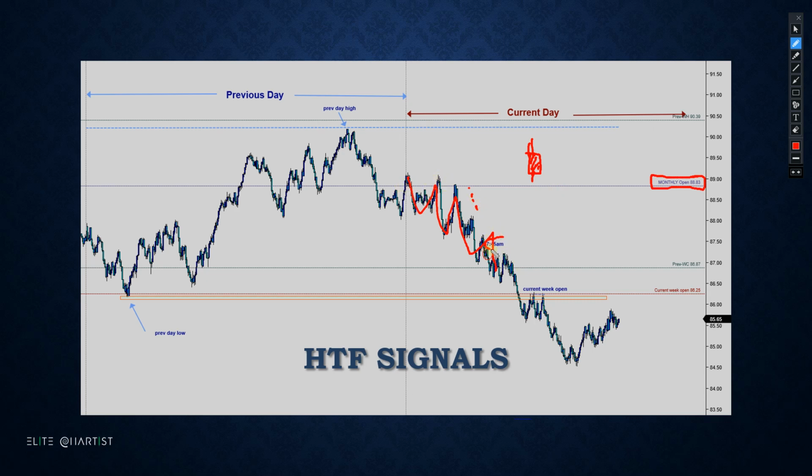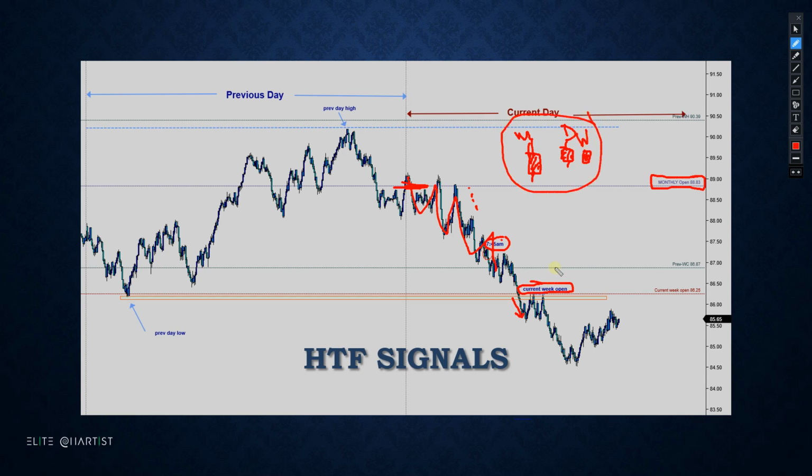At this time of the day, we've traded below the daily open. We have monthly, and we have a red daily candle. Two time frames are red, down. This is the current week open. When we came underneath, we now have a weekly red candle.